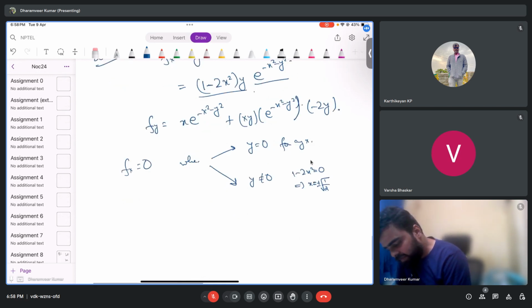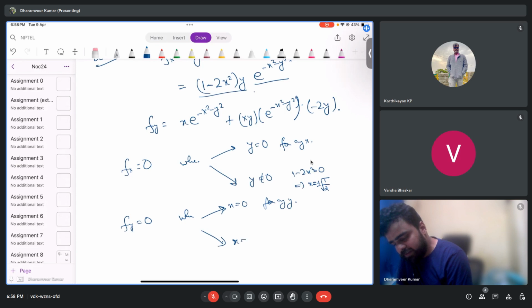Similarly, fy is equal to 0 when x is equal to 0 for any y, and when x is not equal to 0, 1 minus 2y square is equal to 0, which implies y is equal to plus minus 1 by 2.